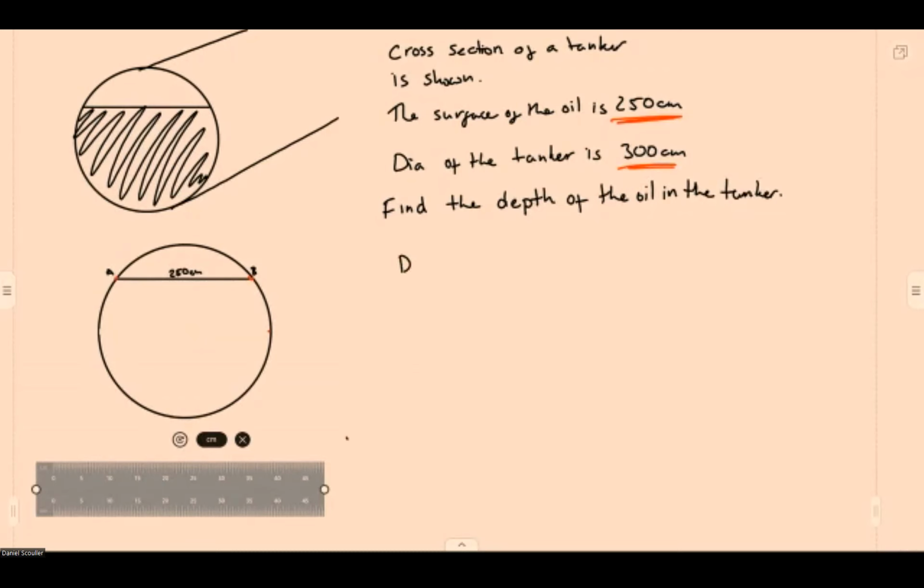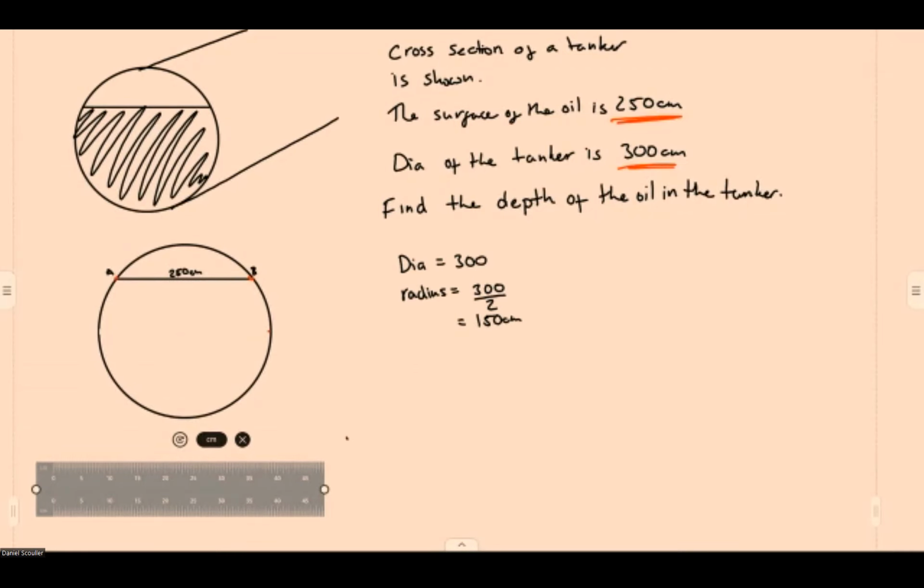So diameter is equal to 300, which means the radius is half of the diameter, so 300 over 2. The radius is 150 centimetres. That's something you just need to know.